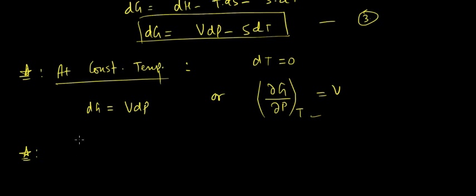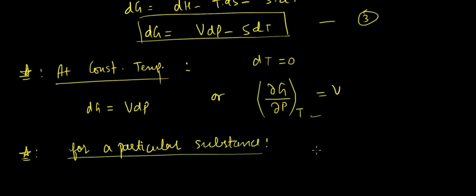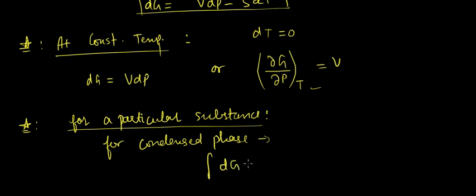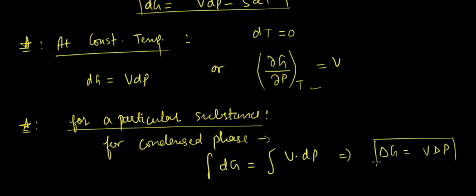And for a particular substance, let's say for a condensed phase, integration of dG would be equal to integral of VdP. So we can write delta G would be equal to V delta P.